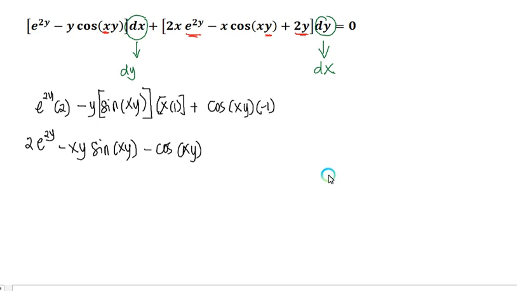Dapat kung i-perform ta ang aton nga partial derivative sang second equation in terms of x, amo man ni dapat ang aton answer. Okay, so let us check kung mapareho man gid ang aton answer.